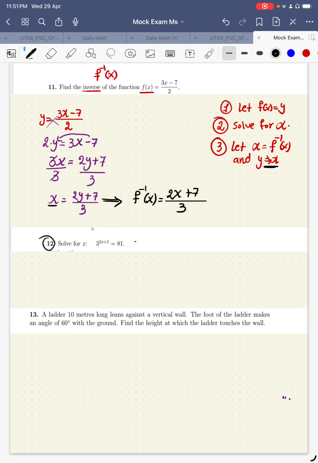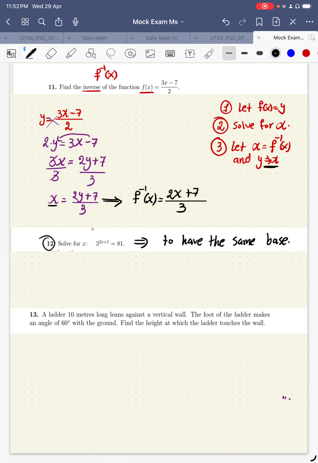So in that case, what we're gonna do, we would like to have the same base.